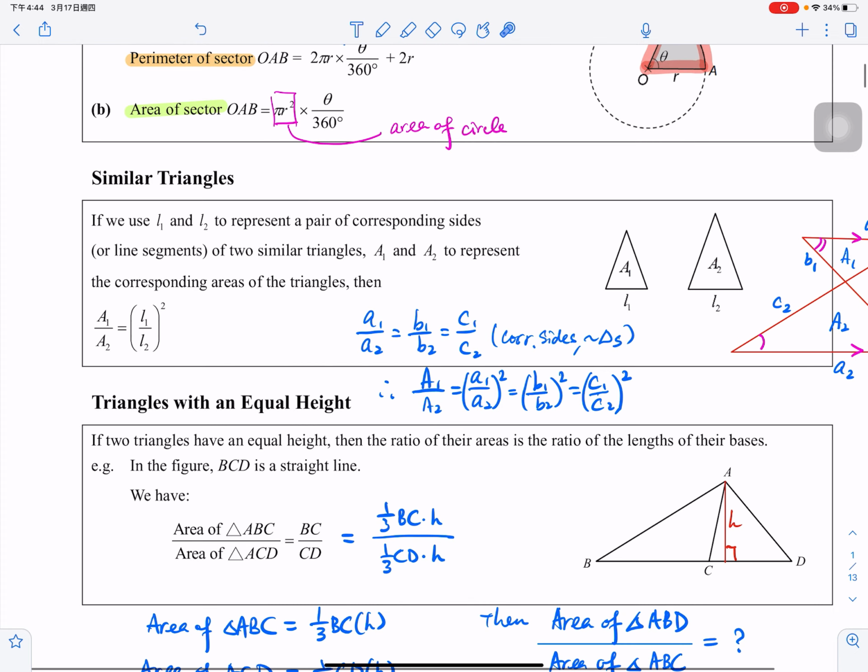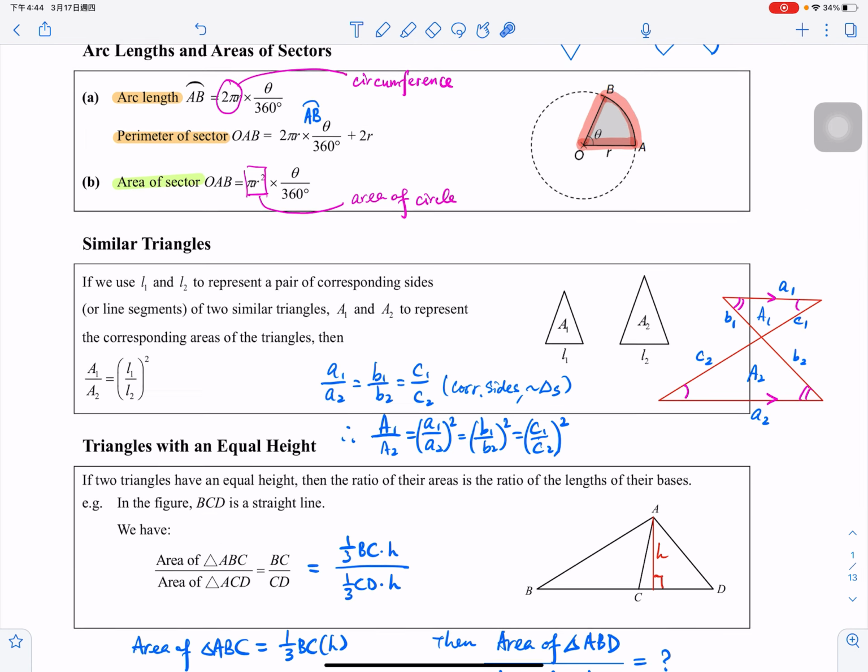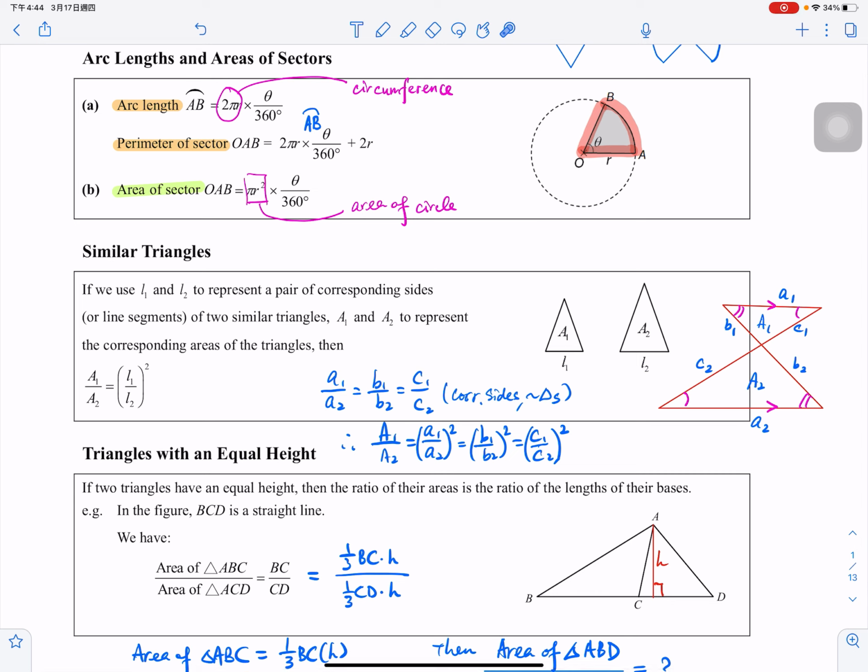And when we solve some mensuration questions, we use similar triangles and triangles with an equal height. About similar triangles, do you remember their relations with the length and the area? For example, these two are similar triangles, A1 and A2. A1 is the smaller one, A2 is the bigger one.